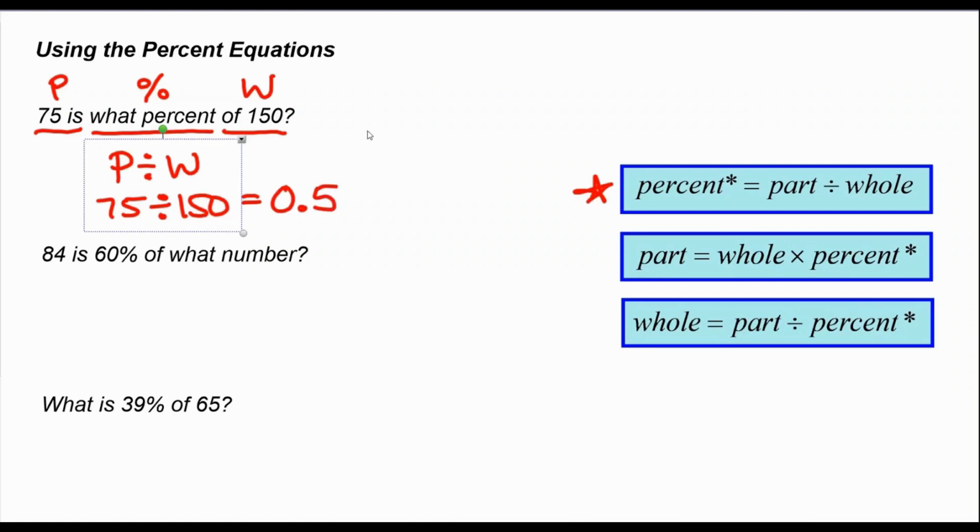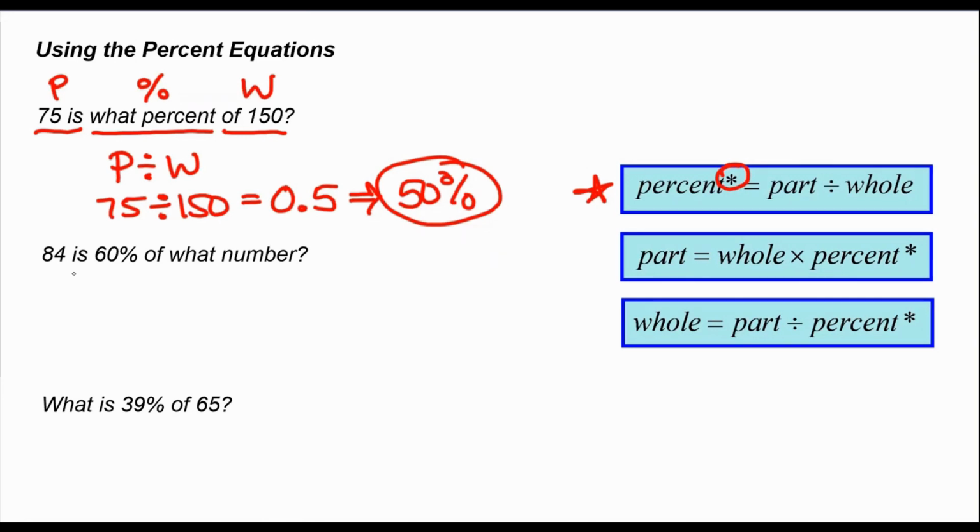Now remember that that is the percent as a decimal. Remember that asterisk right there. So 0.5 is what percent? We multiply that by 100, and that gives me 50%. You have to remember to convert that to a percent and put the percent sign on it once you're done. So 75 is 50% of 150.